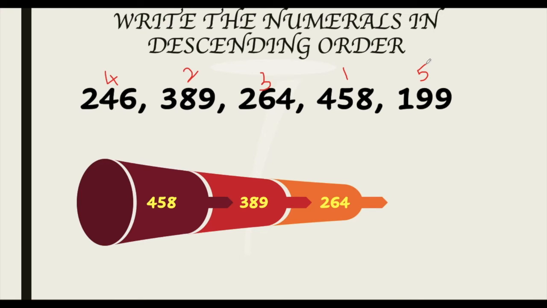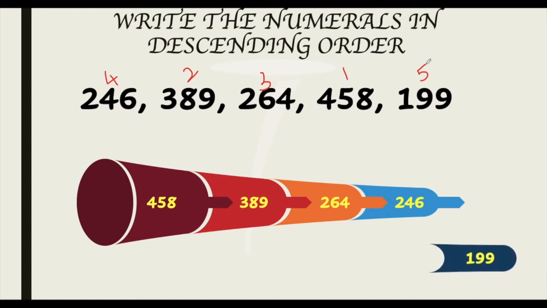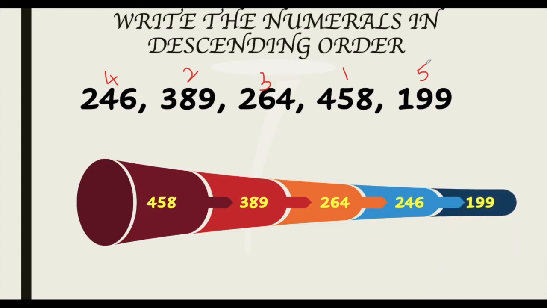After 264 we have 246. Then after 246 we have 199. So for descending order, you have to remember D for dinosaur. A dinosaur is very big and you have to write the numbers from the greatest number to the smallest number.